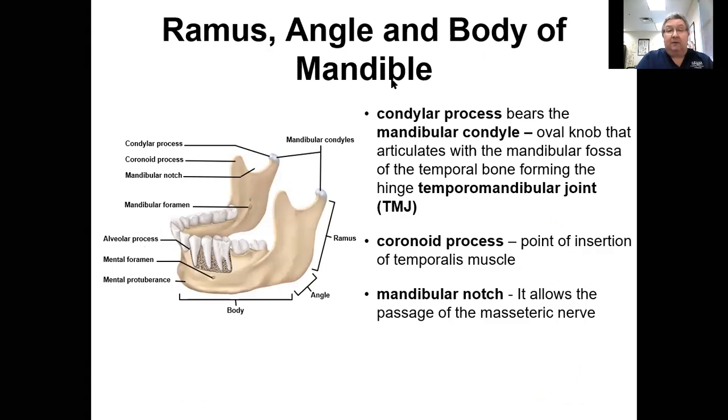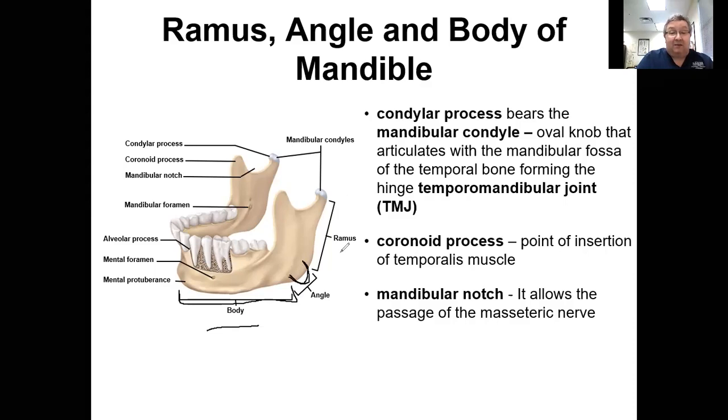All right, let me get my pencil out. So the body of the mandible basically goes from here to here. It's the largest structure on the mandible itself. You're going to need to know the angle of the mandible. That's this area right here where it starts to turn.